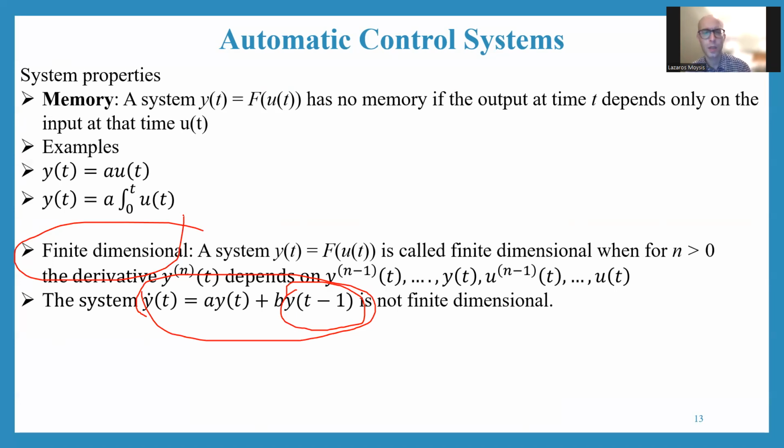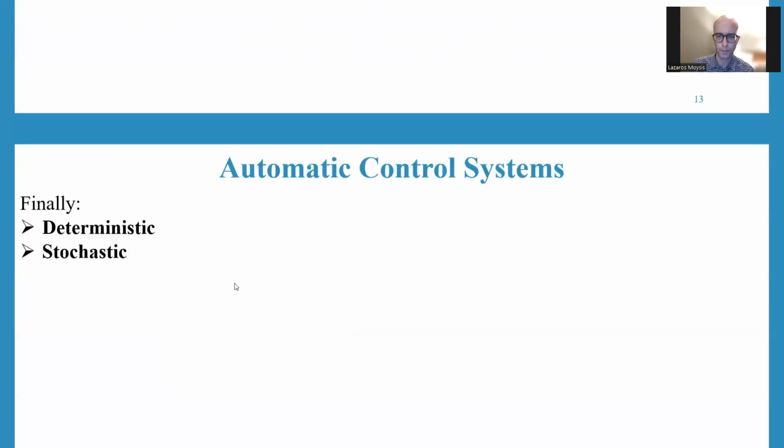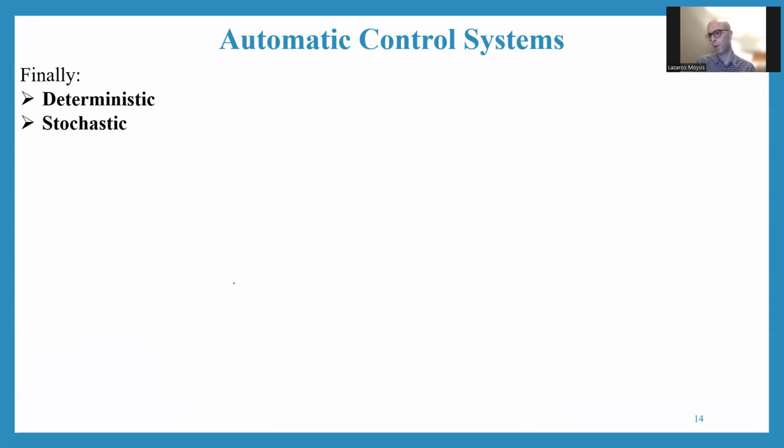We simply say that the system is not a finite dimensional system. So this is again a very fundamental property. These are all the basic properties that we will deal with in this course. Of course, systems that don't have these properties usually are much harder to analyze, for example systems with delay and systems that are not finite dimensional. These are very difficult topics, so they are usually dealt with in more advanced courses, at a PhD or research level, but they are a very big part of the control community nonetheless.